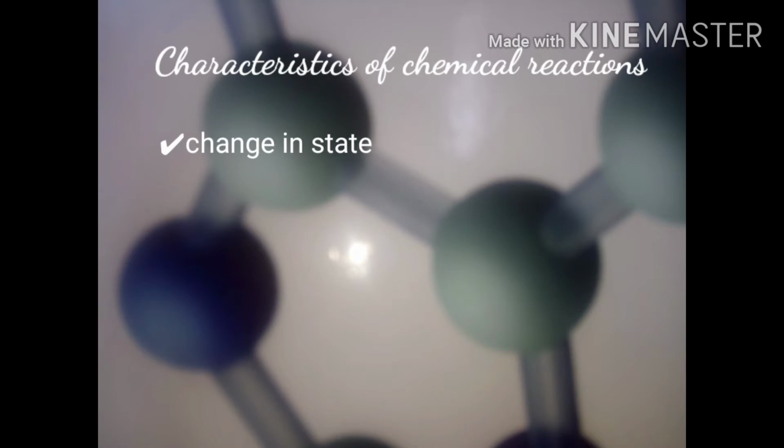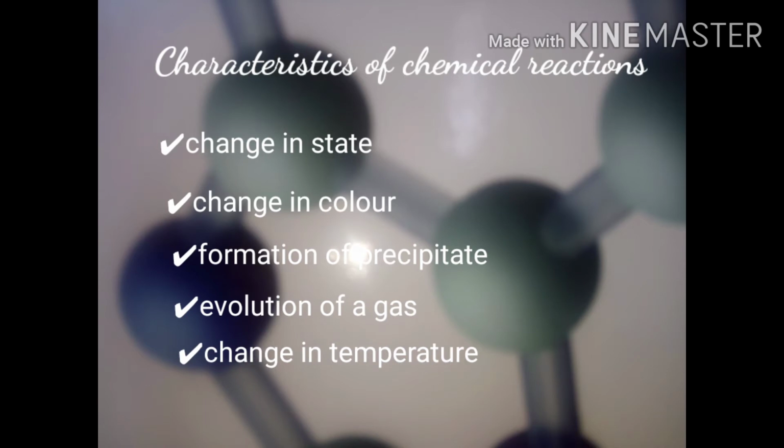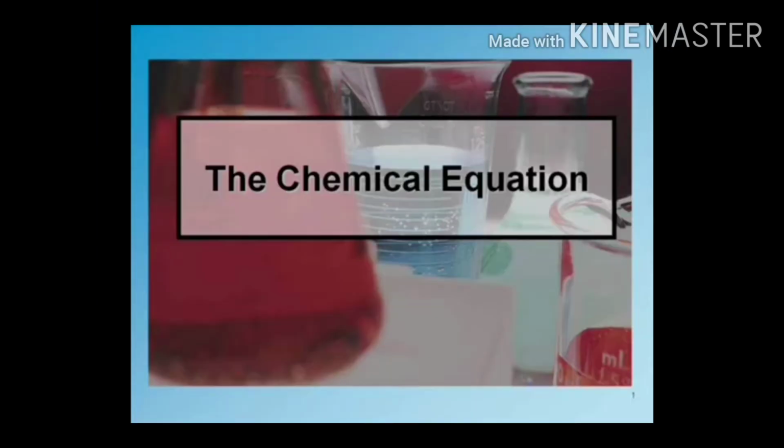Some characteristics are: change in state, when wax burns to form water vapor and carbon dioxide; change in color, when iron rusts to form a reddish brown color; formation of a precipitate, when lead iodide precipitate is formed on mixing lead nitrate and potassium iodide; evolution of a gas, when hydrogen gas is evolved on adding zinc granules to dilute sulfuric acid; and change in temperature, when slaked lime is formed from quicklime and water, there is an increase in temperature.